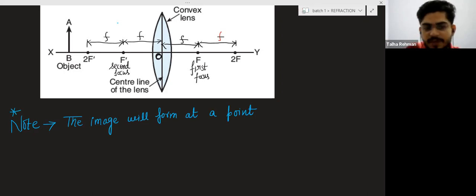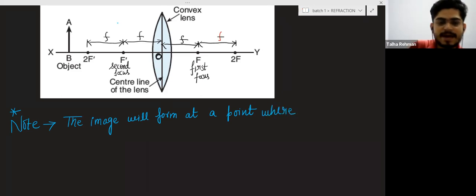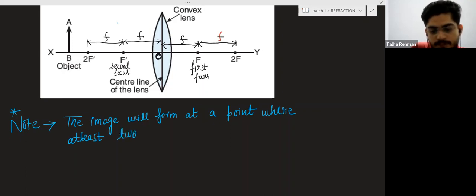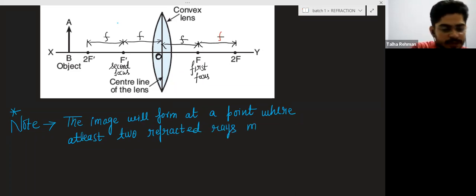The image will form at a point where at least two refracted rays actually meet or appear to meet.